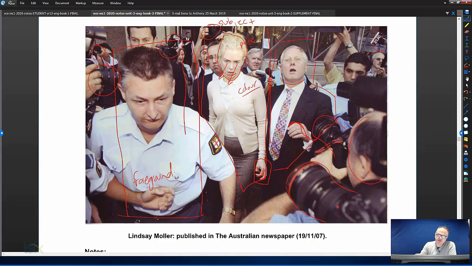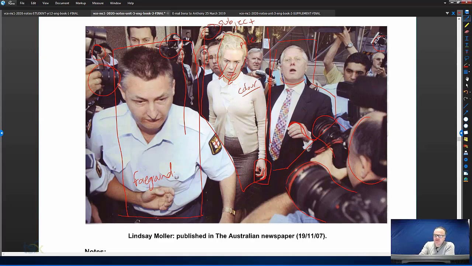Maybe this person's face up the back here. But otherwise, we actually can't see the media. The media are represented almost symbolically by the cameras, which are part of the problem in the case and in the article themselves. So they're represented as faceless, and that has obviously fairly strong negative connotation.